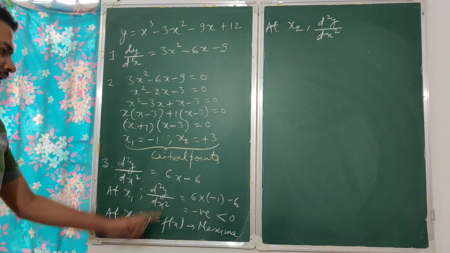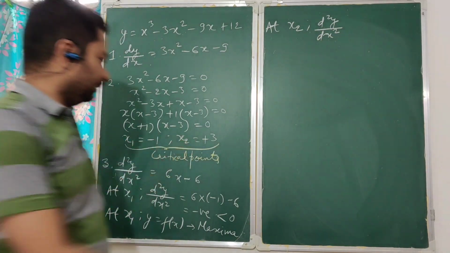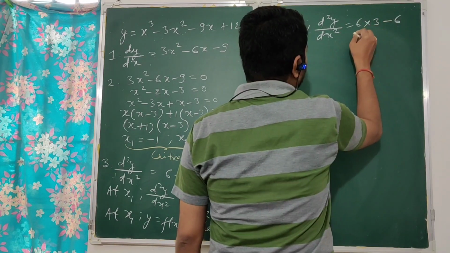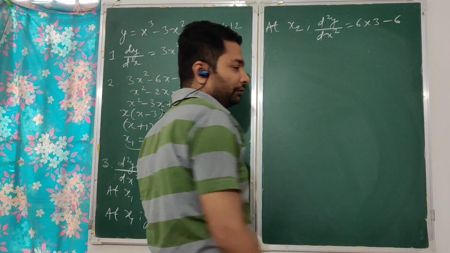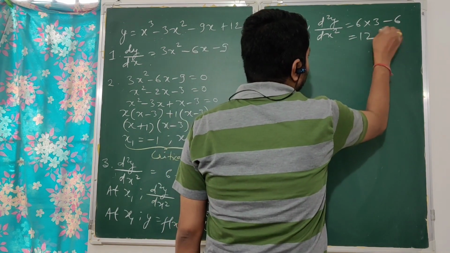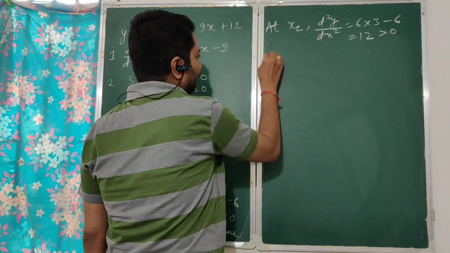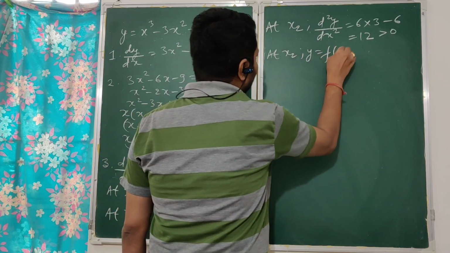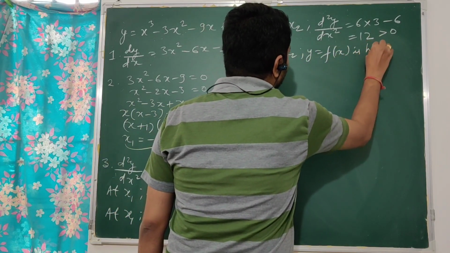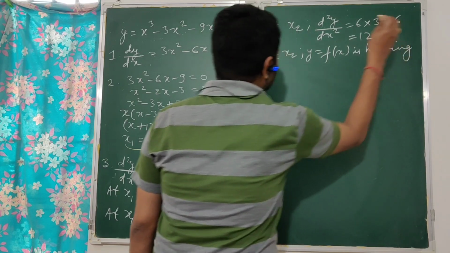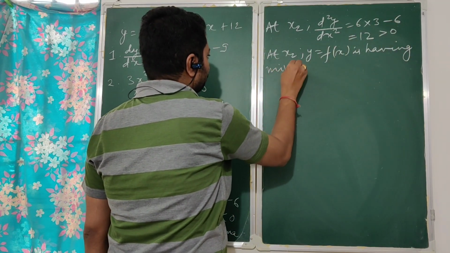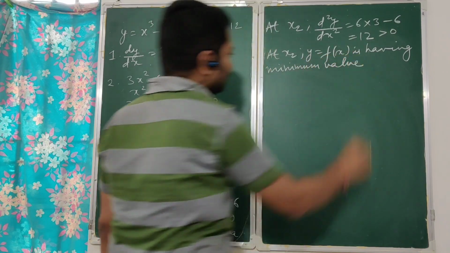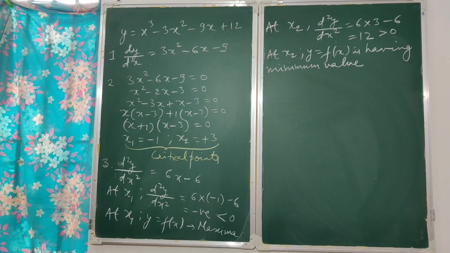See, it is 6 into 3 minus 6. So it is 18 minus 6, which is 12, which is greater than 0. So that means at x2, y is equal to f(x) is having minimum value.